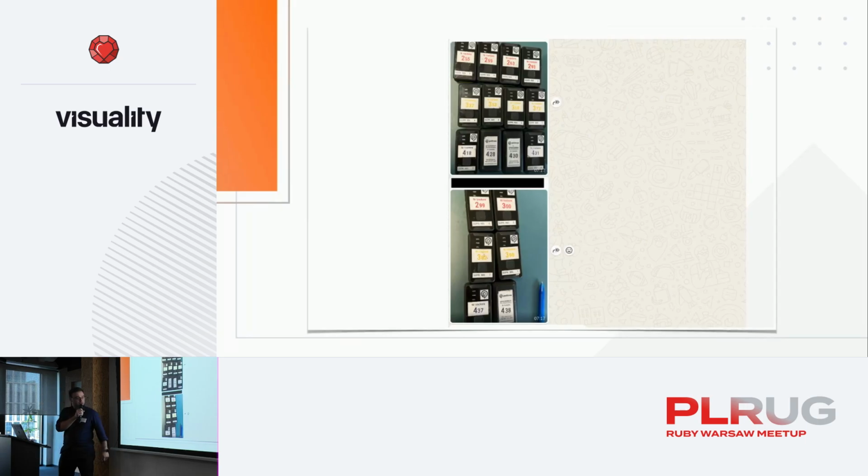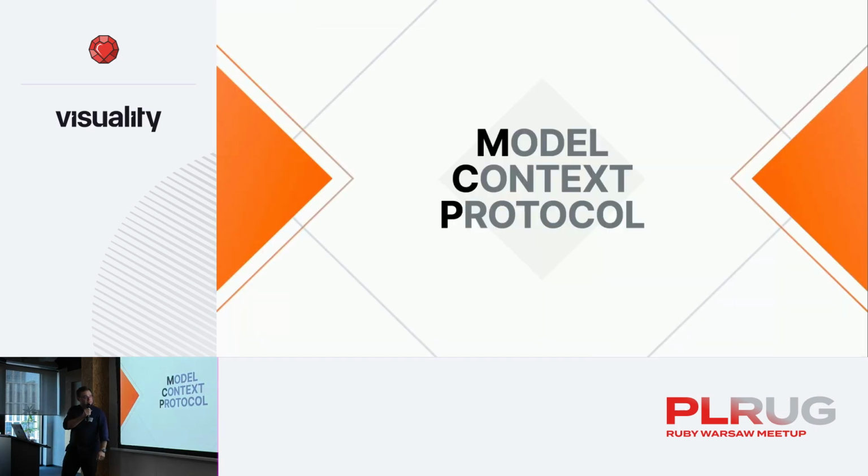Okay, so we know how the PLRUG works. Let's go back to MCP, our Model Context Protocol. So what is MCP? It's all in the name. It's the protocol, so it standardizes how we send information. The information is about the context of the application or a system, and the context is passed to a large language model.